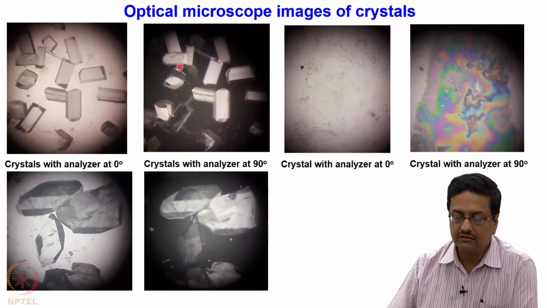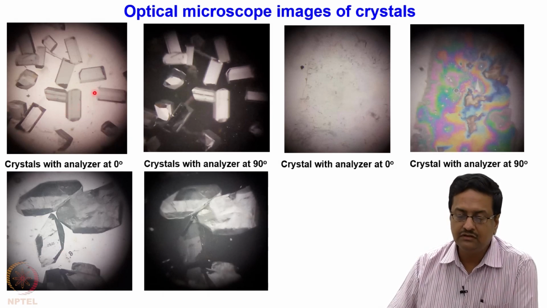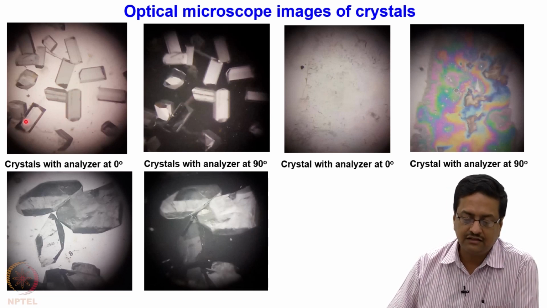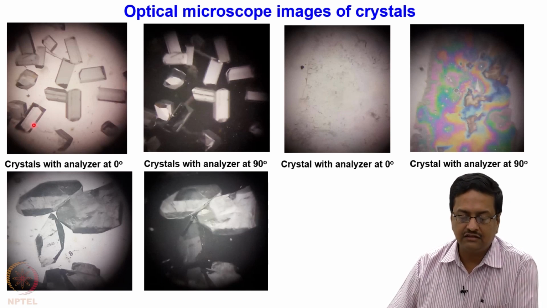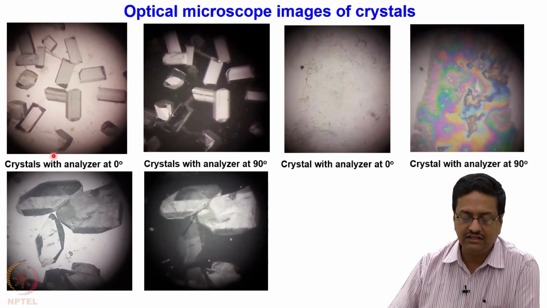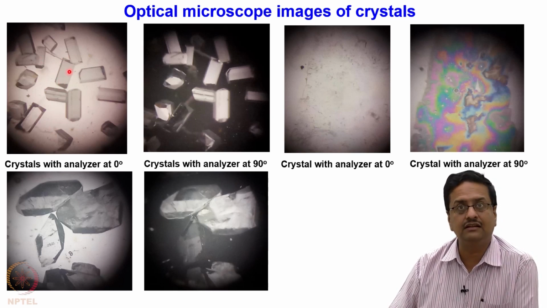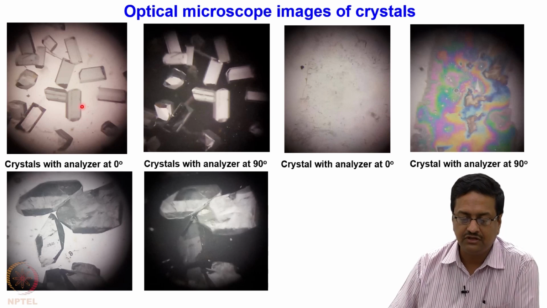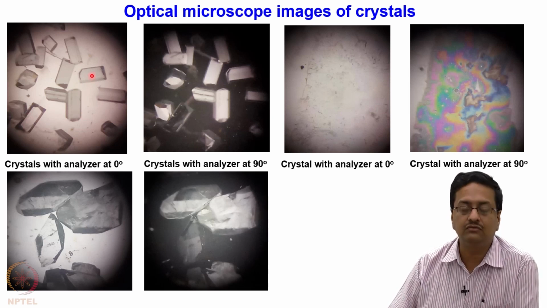So these are good crystals which one should look for in any X-ray diffraction analysis. In the upper two figures, you can see the crystals have a particular shape. These are rectangular parallelepiped shapes, and these crystals are well faceted as well, so they have different faces exposed outward.